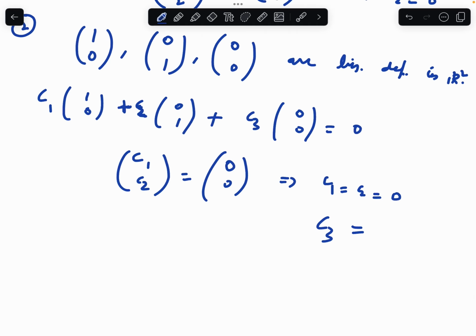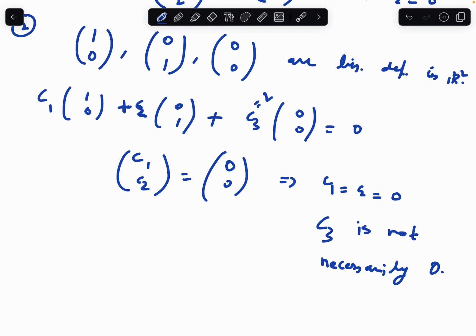I mean, you could take C3 equal to 2. Still you get C1 and C2 both equal to 0. But C3 is non-zero.